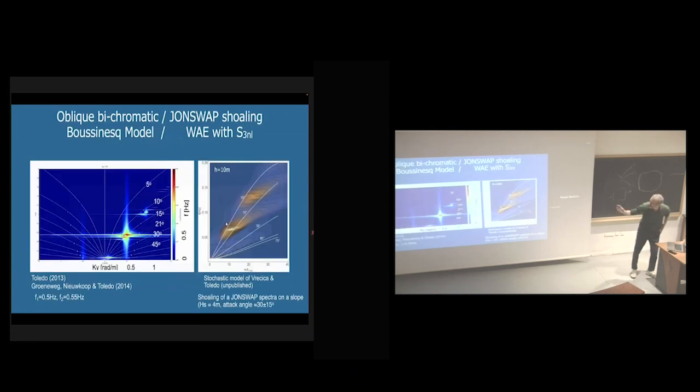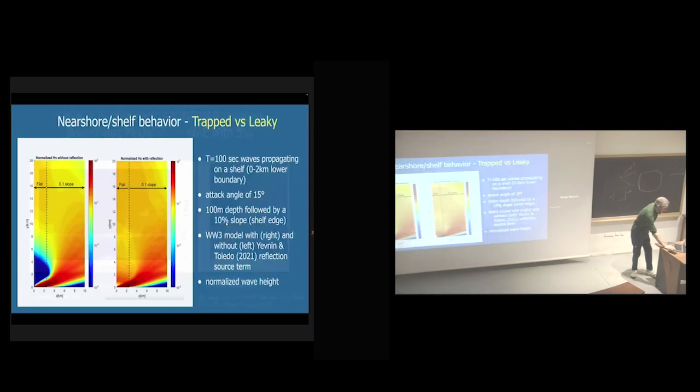We did, that's a Boussinesq solution, that's our solution. And then we can see, okay, let's say they are reflecting, and that's a WaveWatch model that we run, and we added a reflection term from the bathymetry. It's like solving the mild-slope equation, and it's actually reflecting without a shoreline.